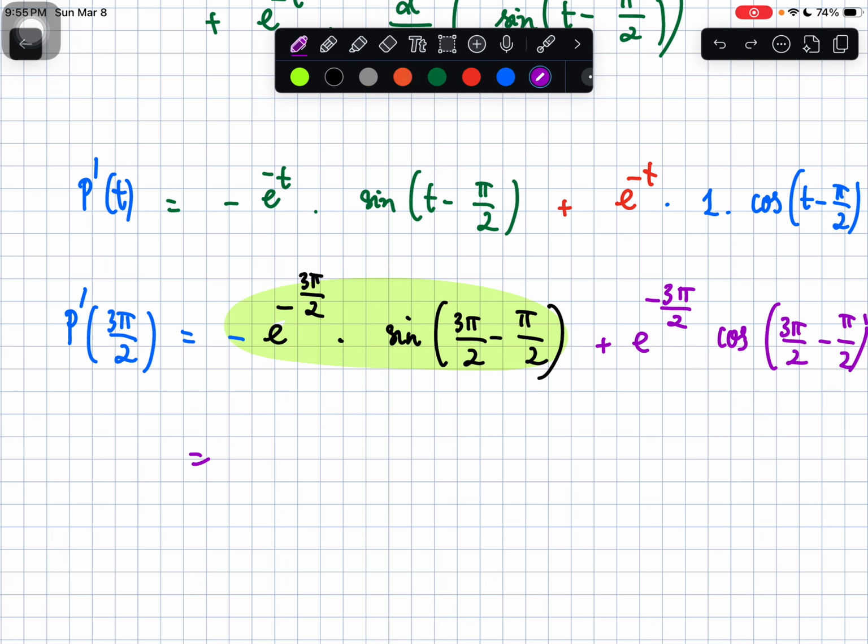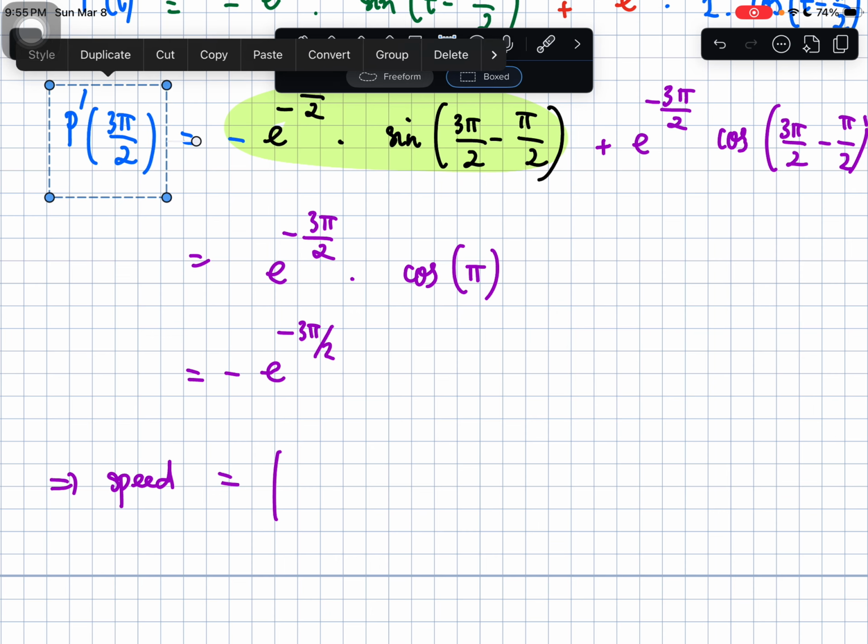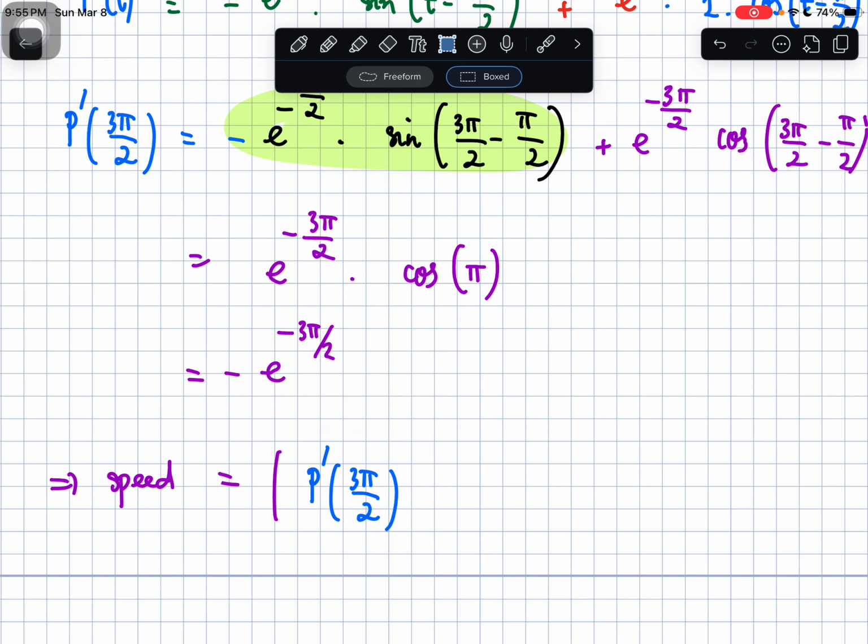We have e to the minus 3 pi over 2 cosine pi. Cosine pi is minus 1. So minus e to the minus 3 pi over 2. That is the derivative, so this is the velocity. The speed is the absolute value of the velocity, which is e to the minus 3 pi over 2. So this is our final answer.